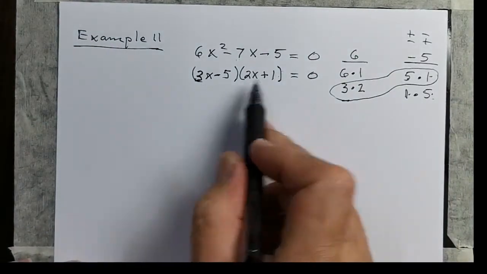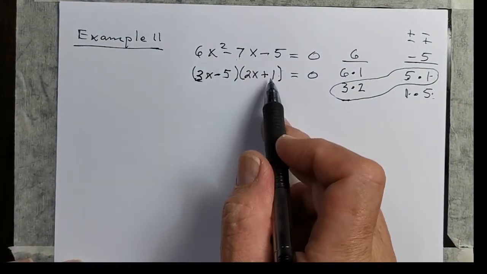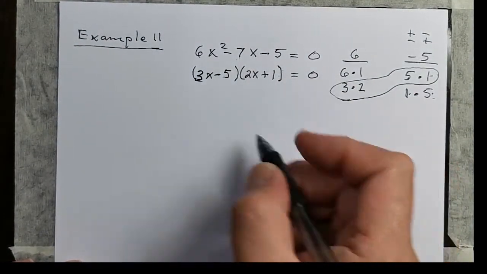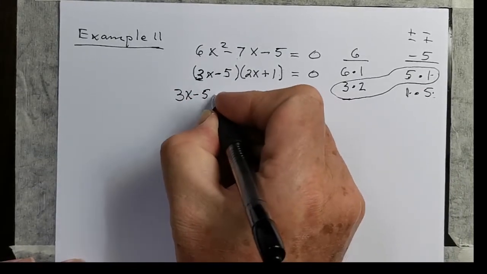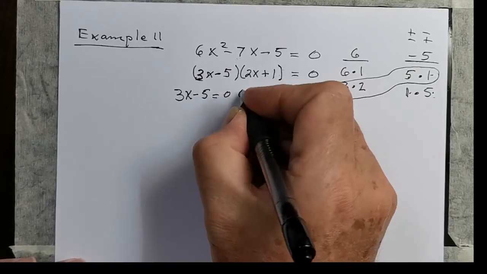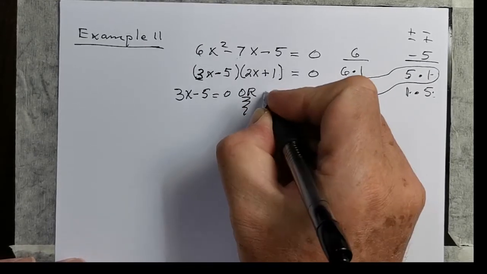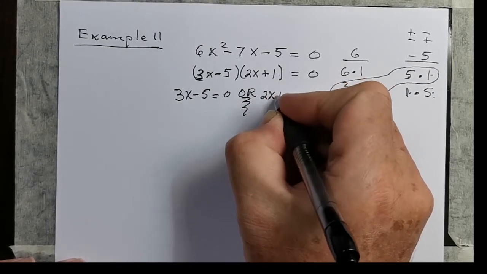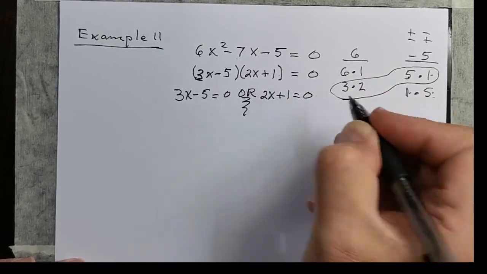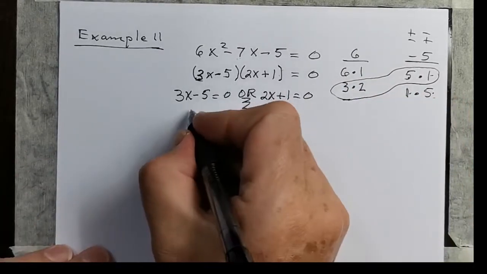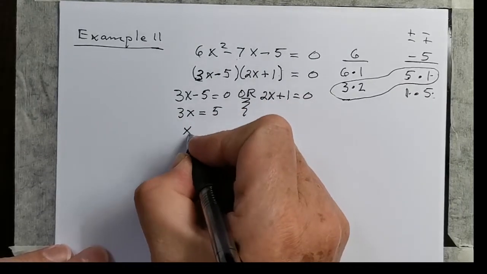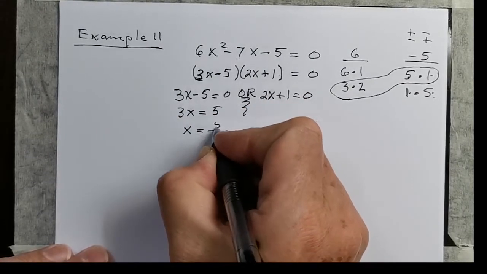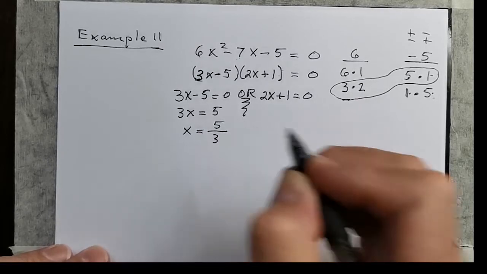Here we have it, two factors multiplied together, giving us a product of 0. That means that 3x minus 5 equals 0, or 2x plus 1 equals 0. In the first case, 3x would be equal to 5, or x would be 5 divided by 3.